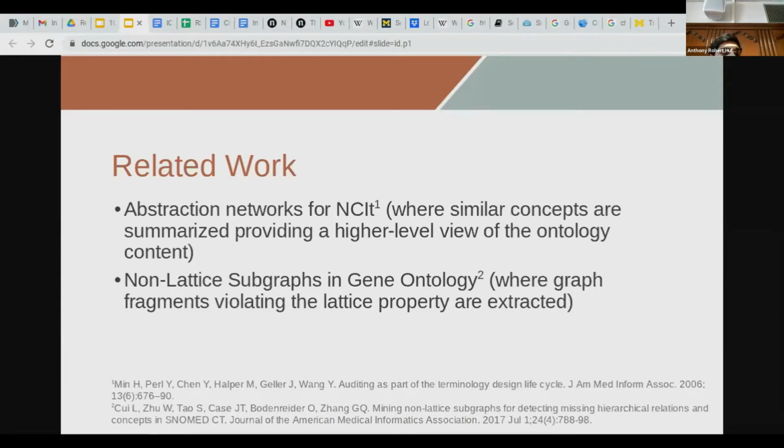And another one is actually done for the gene ontology using lattice subgraphs, where there is an ideal lattice structure that we expect ontologies to have, and whenever the lattice properties are violated, we can identify those places as requiring changes.